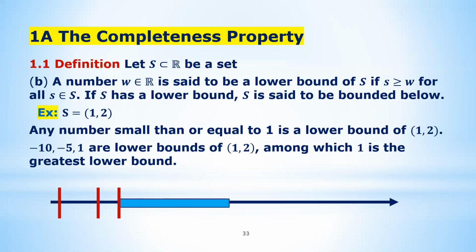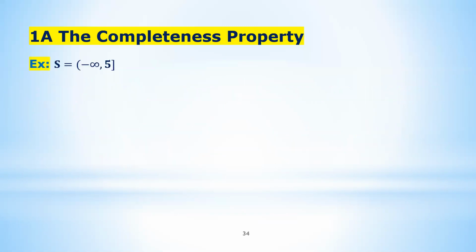I don't see any problem, right? Now let's consider some more examples, like S equals (-infinity, 1], closed on the right side. This is an interval again. S doesn't always have to be an interval, it can be any set, but for convenience I just use intervals as simple examples to demonstrate the ideas.